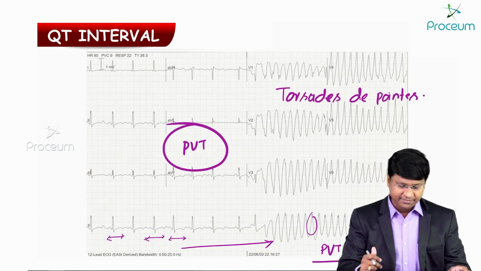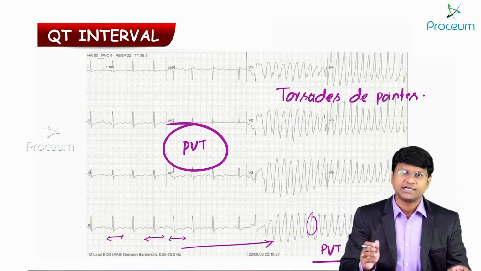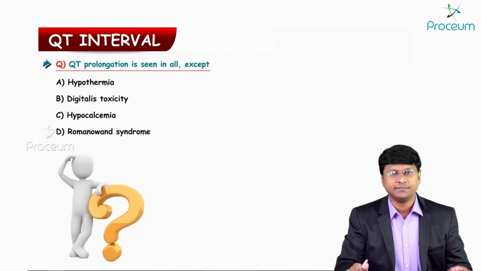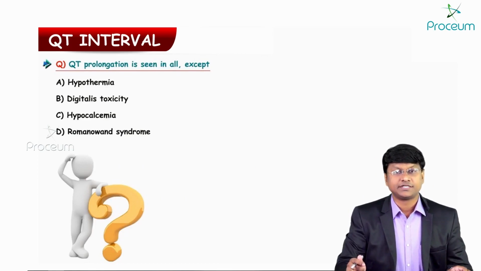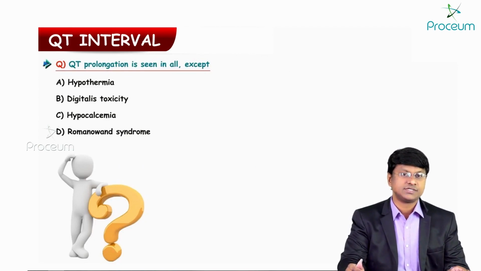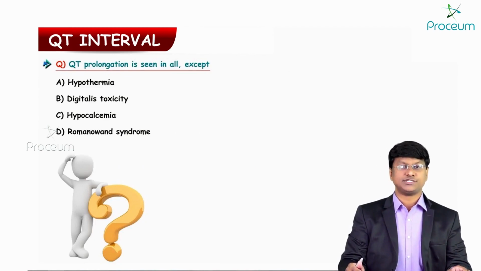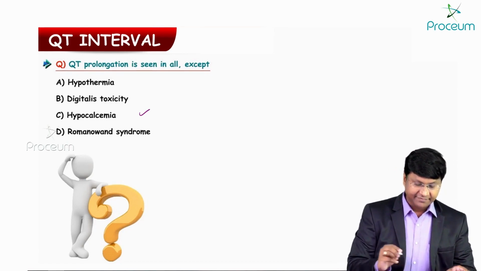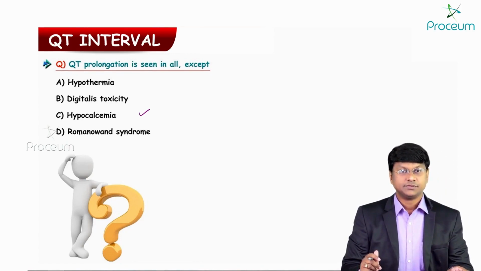Now, apart from the electrolyte abnormalities, what are the other conditions where you will have the prolonged QT interval? Next question: QT interval prolongation is seen in all except hypothermia, digitalis toxicity, hypocalcemia, Romano-Ward syndrome. Hypocalcemia, we have just discussed, definitely there will be QT prolongation.